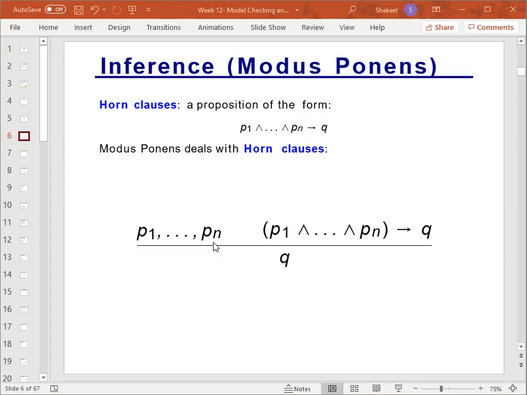Instead of having just P and P implies Q, now we have if P1 is true, P2 is true, Pn is true, and if we have P1 and P2 and Pn implies Q, then we can confidently infer Q. So this is just a way to say that if all these elements are true, then we know that their conjunction is true. If the implication is true, then we can infer that Q is also true.